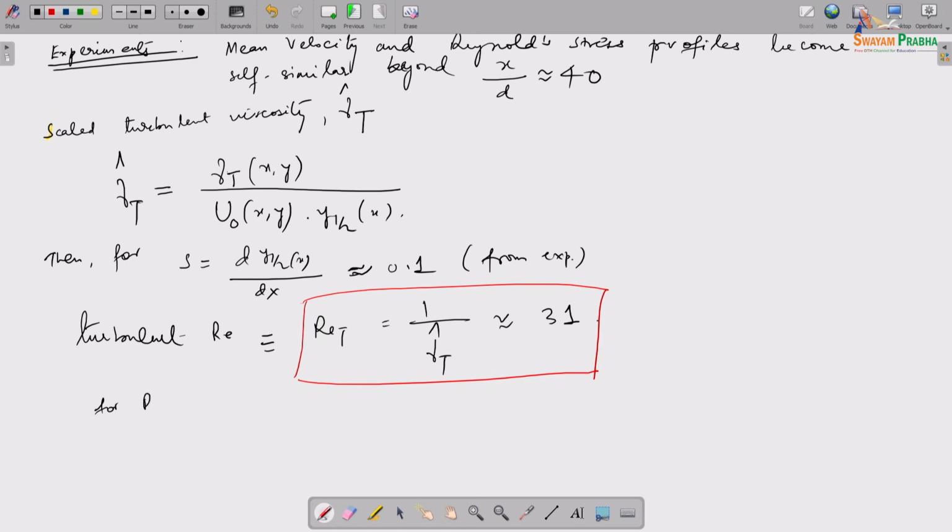For the round jet, this RET was about 35. That's just to bring in some comparison. So for the round jet, RET is about 35.